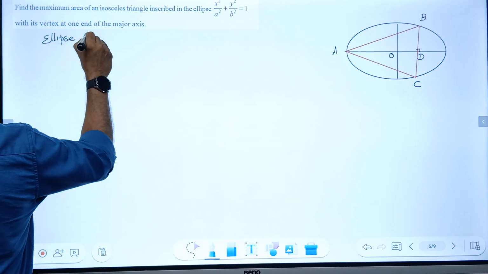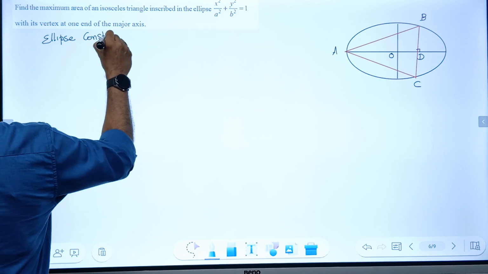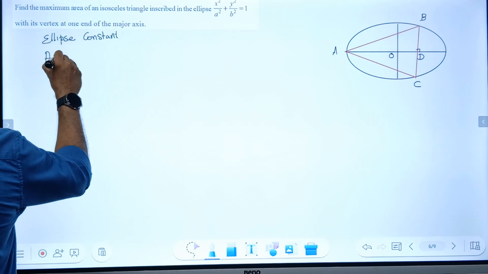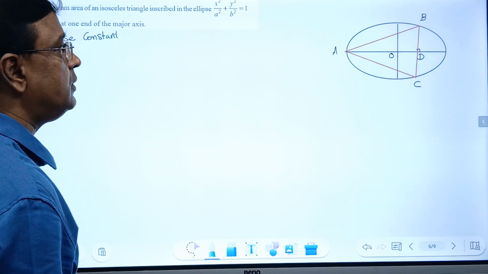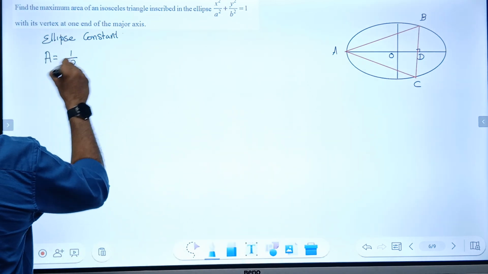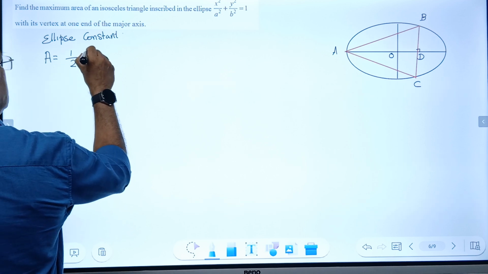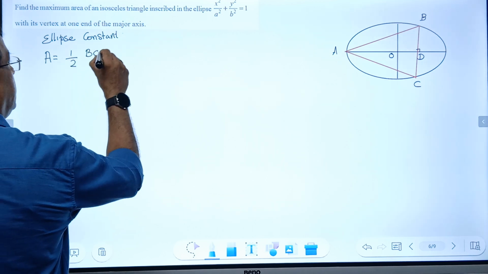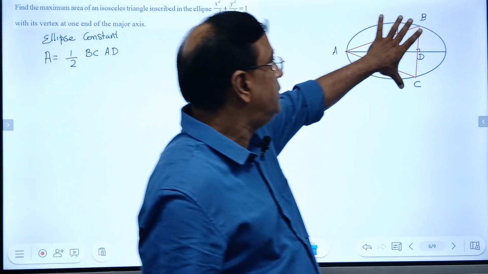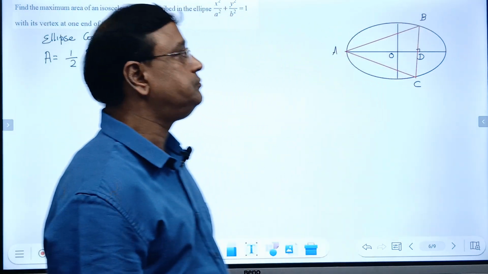Now, the area of the isosceles triangle is half into base into height. Base is BC and the height is AD.